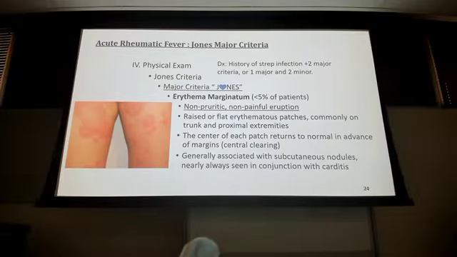And then you have the E, which is erythema marginatum, which, looking at this rash, kind of looks like a fungal infection, doesn't it? Jock itch, tinea corporis, wherever the fungal infection is, you can throw on different terms for it. But this kind of looks like a fungal infection.